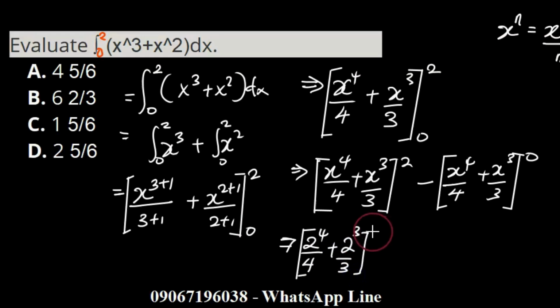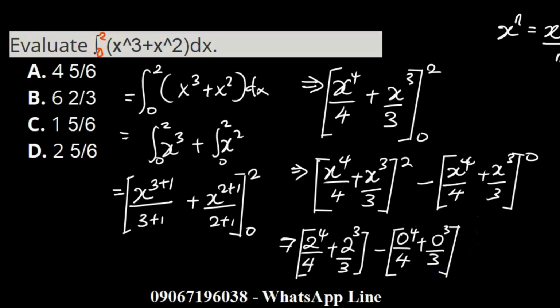All of this is evaluated at the boundary. Okay, so we've done this, then minus the lower boundary, where we see x, we're going to substitute 0. 0 raised to power 4 over 4 plus 0 raised to power 3 over 3. So that's what we're looking at.